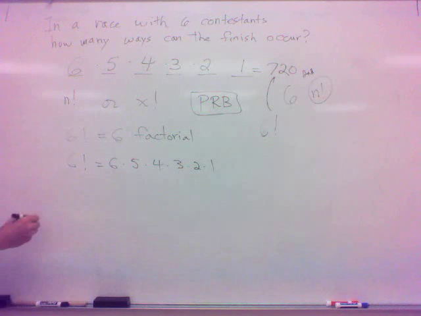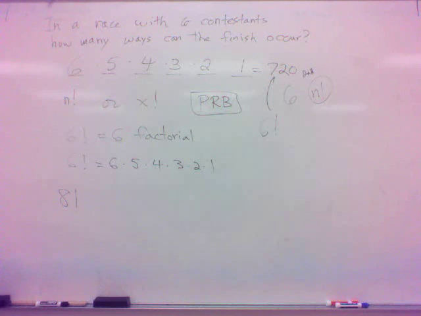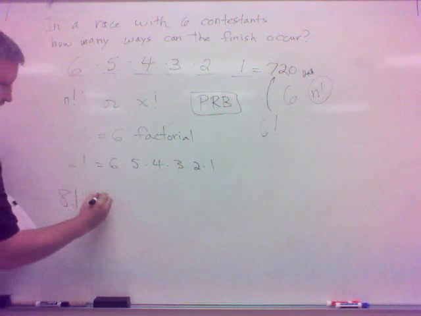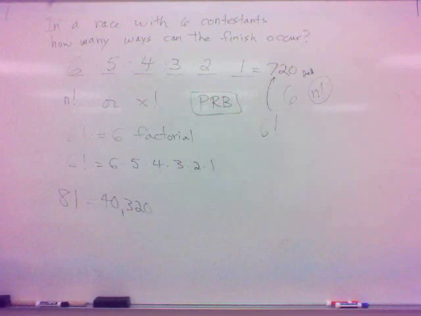All right? So what do you get if you do 8 factorial? Is it 40,000 something? Yeah, 40,320. Okay. Now what you've done there is you've calculated what product?